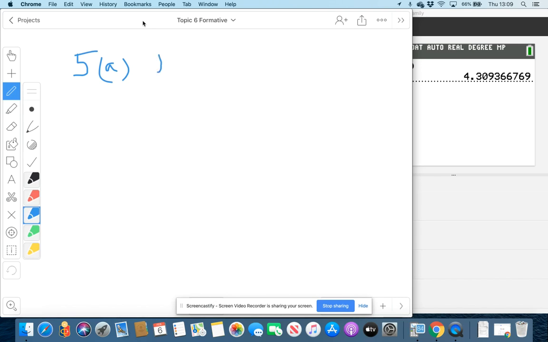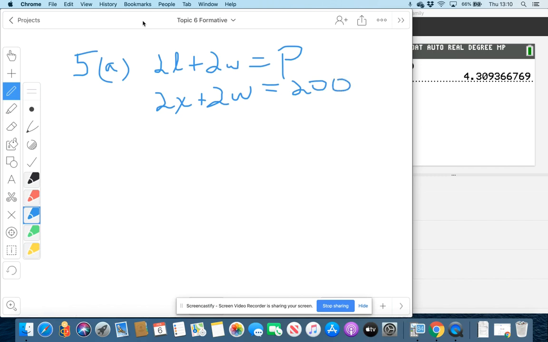So basically 2L plus 2W is perimeter, right? And we're told L is actually x in Violetta's plot, and we're also told that the perimeter of the fence is 200.